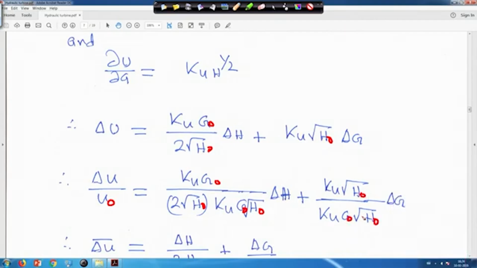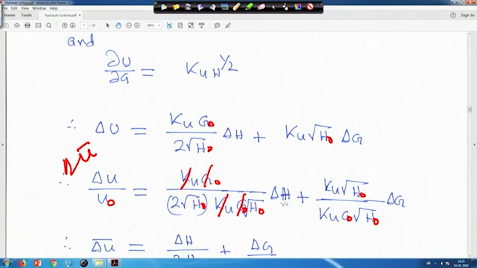So, that means if you normalize it, the delta u upon u 0 will be delta u bar, right. And here if you look into this, the g 0 will be cancelled, and ku will be cancelled, and it will be root h 0, it will be delta h upon 2 h. This term, g 0 will be cancelled, ku will be cancelled.